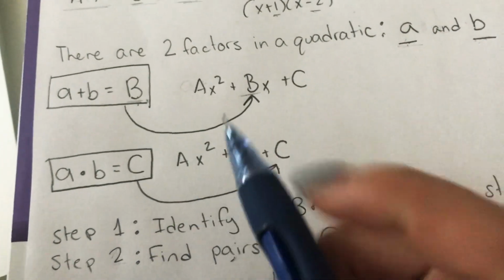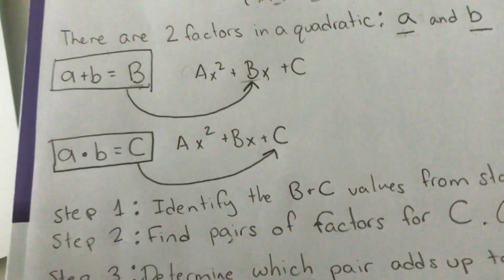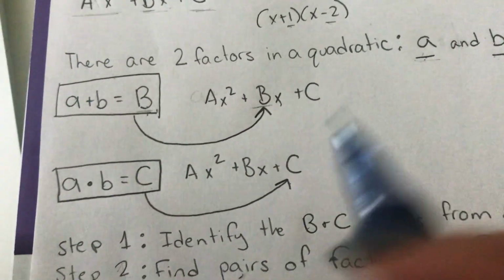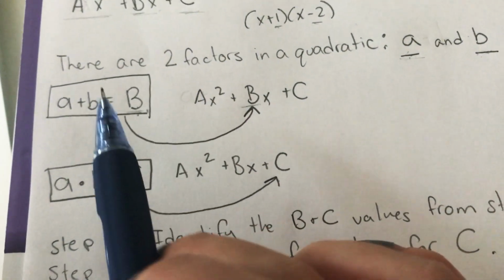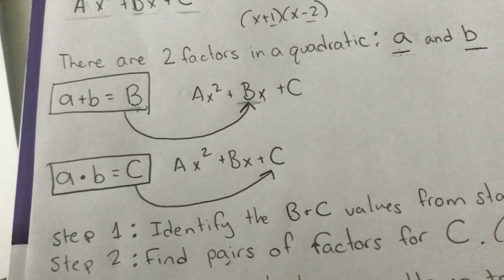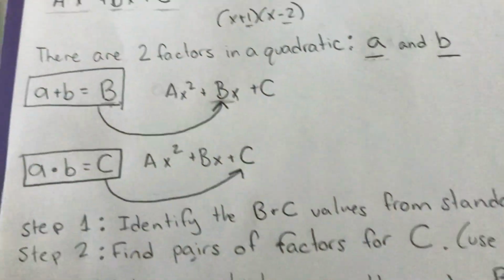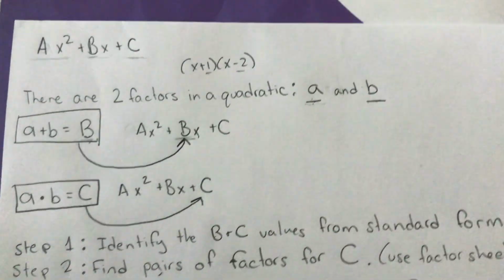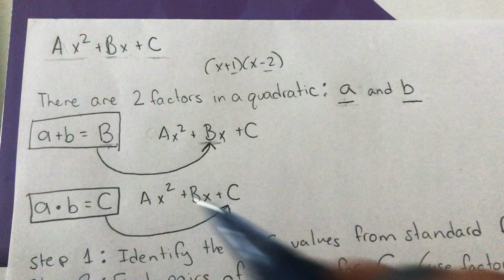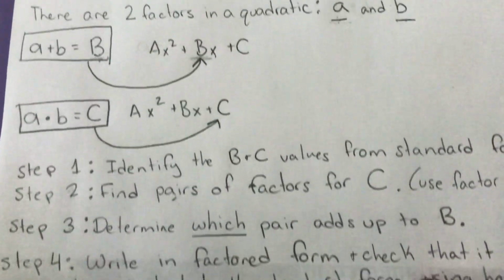So when we're given a quadratic in standard form, using these rules, knowing that we need two values that will add up to be my b term and that will multiply together to equal my c term, I'm able to then find my factors for my quadratic.